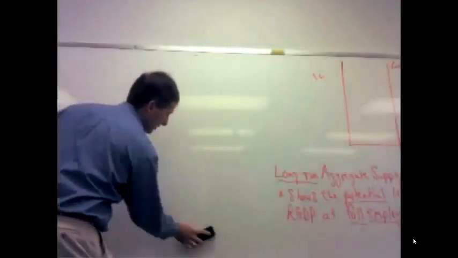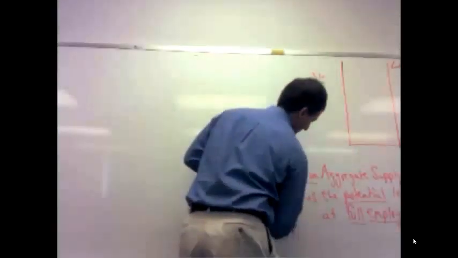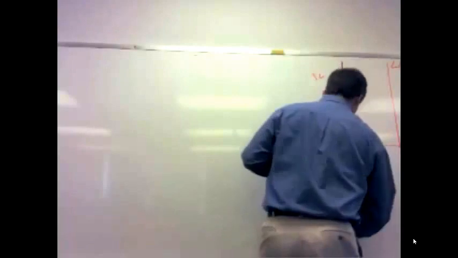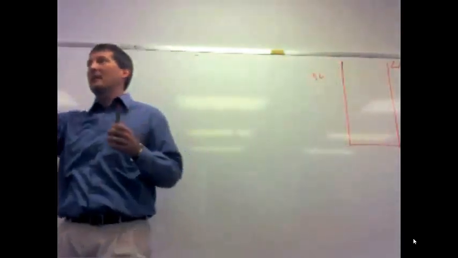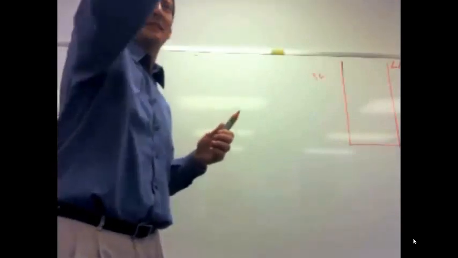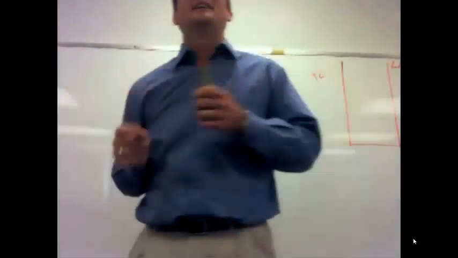So, price level. Katie, give me a number between 6 and 10. 6. 1, 2, 3, 4, 5, 6. Jake, you're up. Price level.